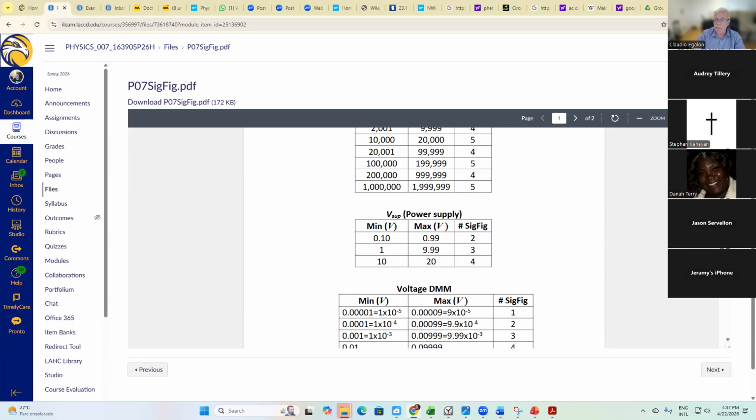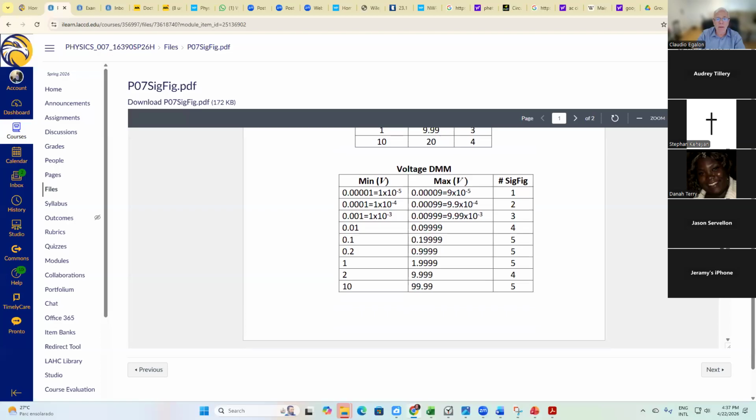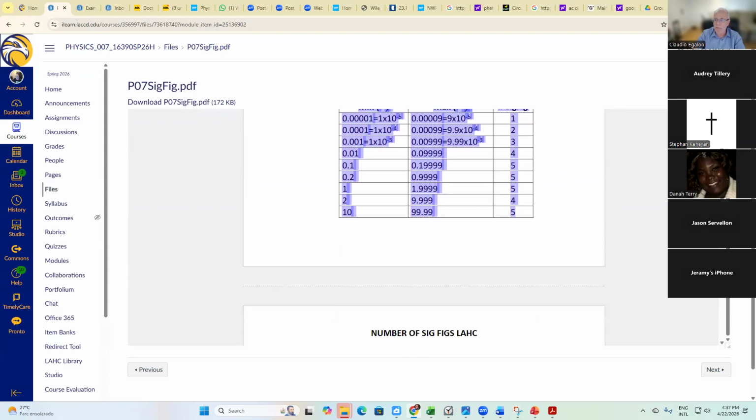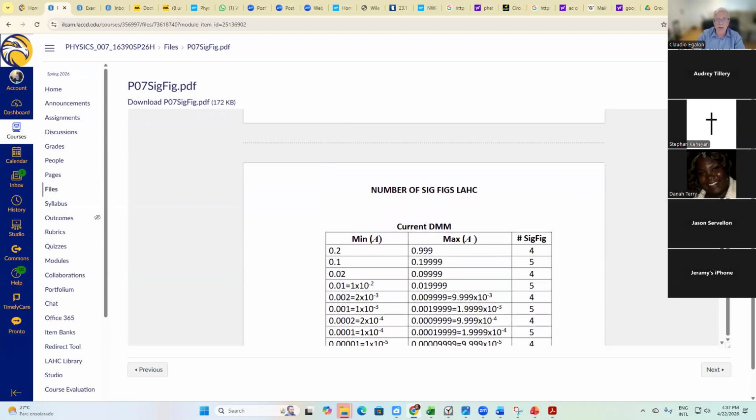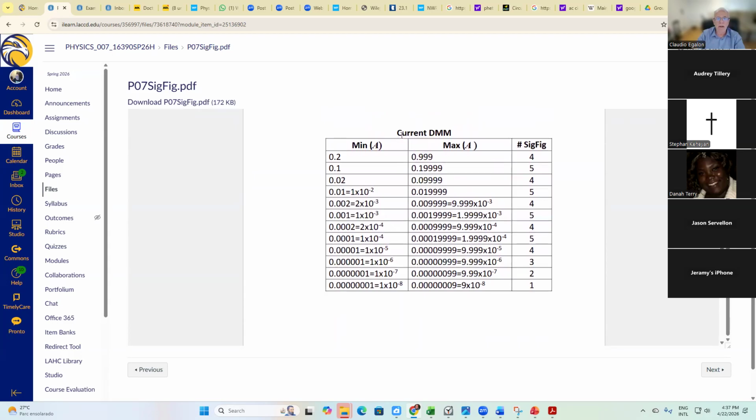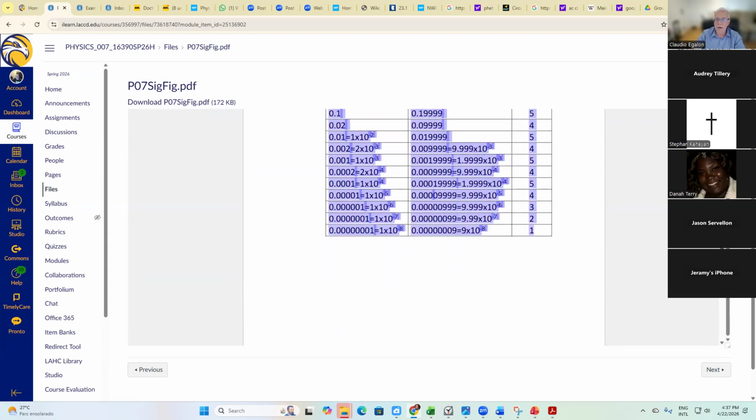Okay. Are you following? For V1, you use this table, voltage DMM. And for the current, you should have the number of significant figures for the current. You use this table. Okay?